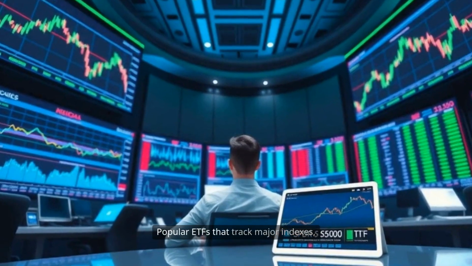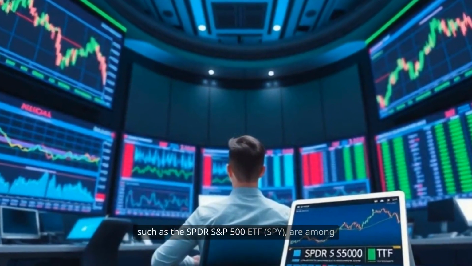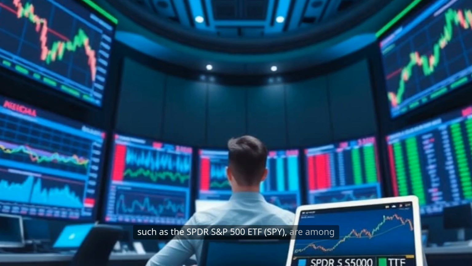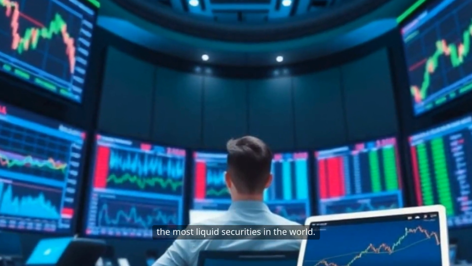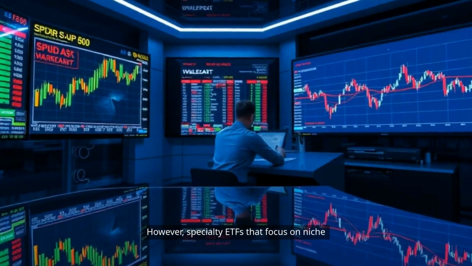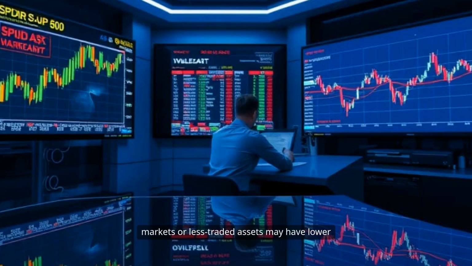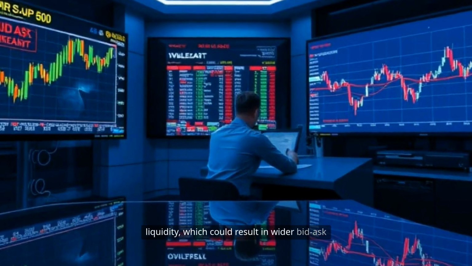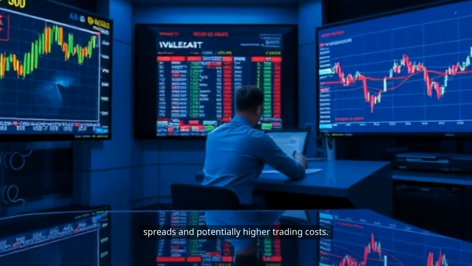Popular ETFs that track major indexes, such as the SPDR S&P 500 ETF, SPY, are among the most liquid securities in the world. However, specialty ETFs that focus on niche markets or less traded assets may have lower liquidity, which could result in wider bid-ask spreads and potentially higher trading costs.